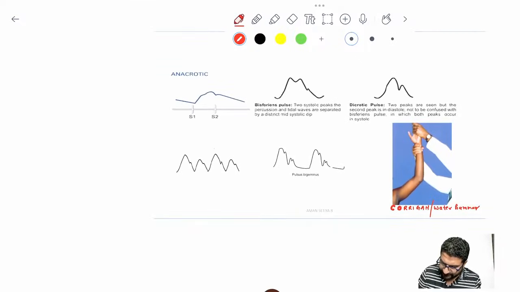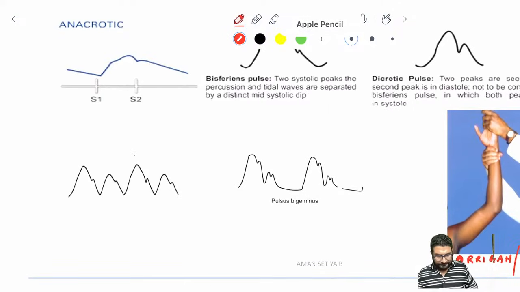Now tell me, where do we see this pulse? Where will you see Corrigan pulse? AR. Corrigan pulse you will see in a patient with AR.